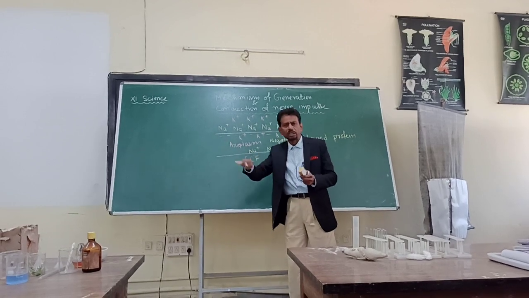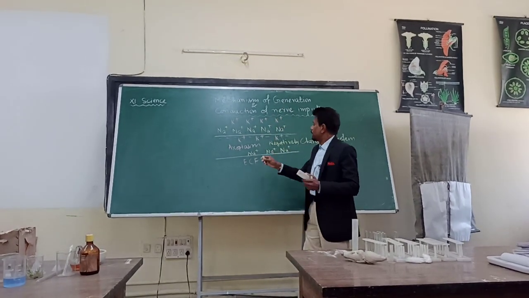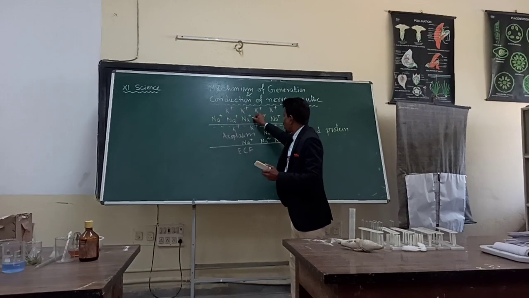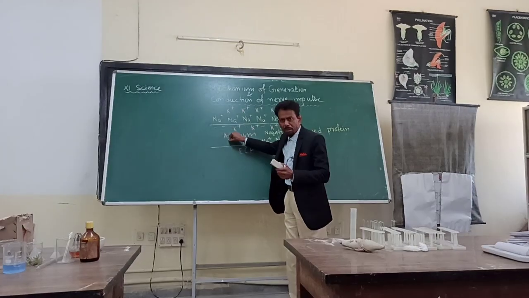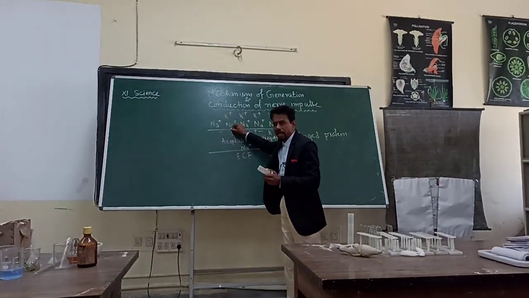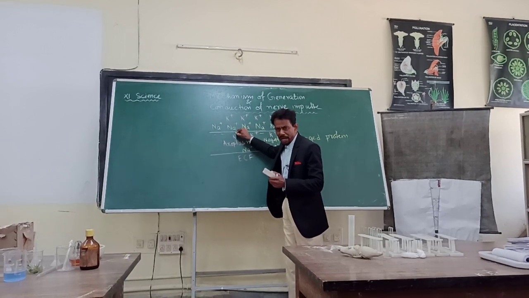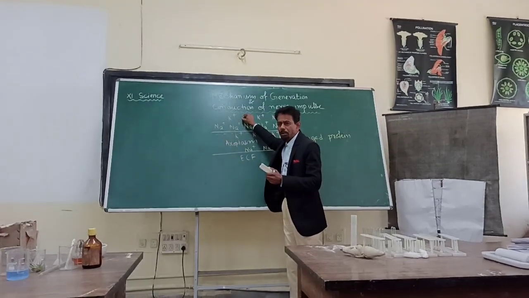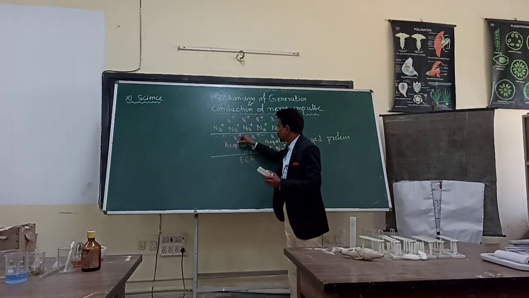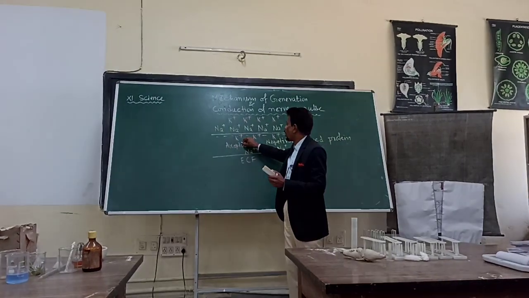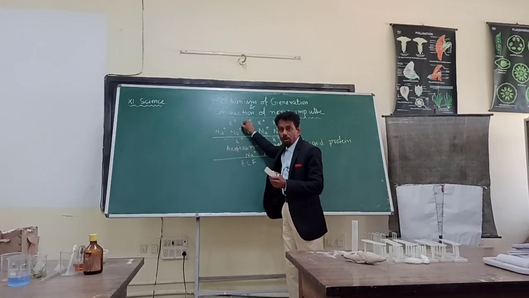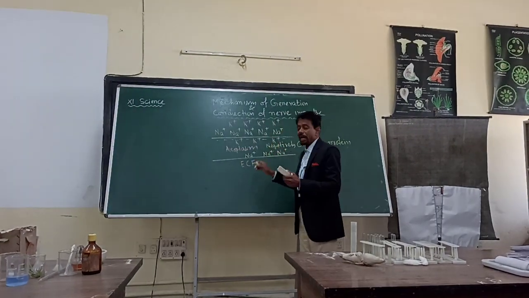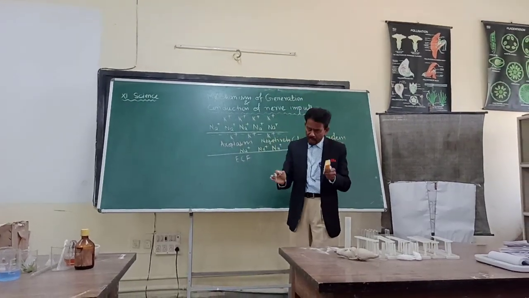Now, one more thing you have to understand, that is the flow of sodium and potassium ions through the plasma membrane, into or outside the axoplasm or the extracellular fluid. See, there are certain ion channels.